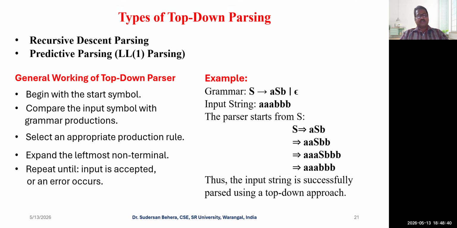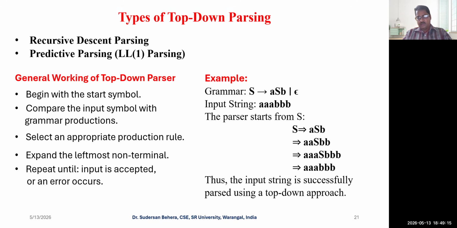Here you take one example. The grammar has two productions: S derives aSb, or epsilon. And the input string given is aaabbb, that is, triple a followed by triple b. So the parser needs to perform the derivation or replacement in such a way that this input string appears. Is it possible to get this input from the grammar given?